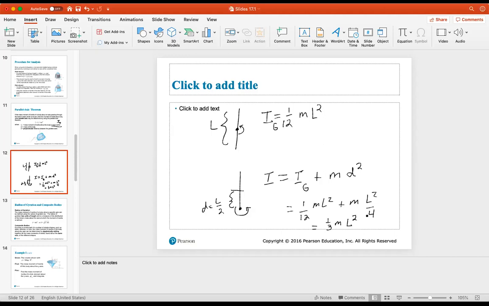So that's a handy little thing to remember. The moment of inertia of a rod rotated about its end is 1/3 mL squared. And that's generally how we use the parallel axis theorem, to go from knowledge about the moment of inertia around the center of the object to some other axis parallel to the original.